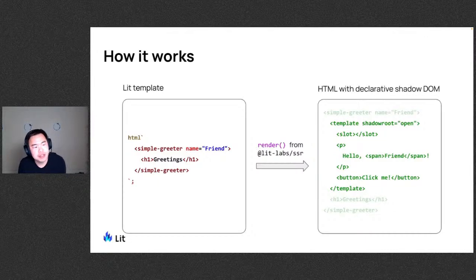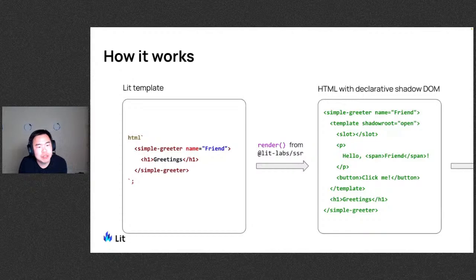This part here, the template element with the shadowroot attribute, is the declarative shadow DOM part. This part is built by the render from SSR based on the component definition. So you'll notice this part is not in the markup on the left, but this comes from the render method of the component definition, which Lit SSR picks up and then spits it out here within the template shadow root.